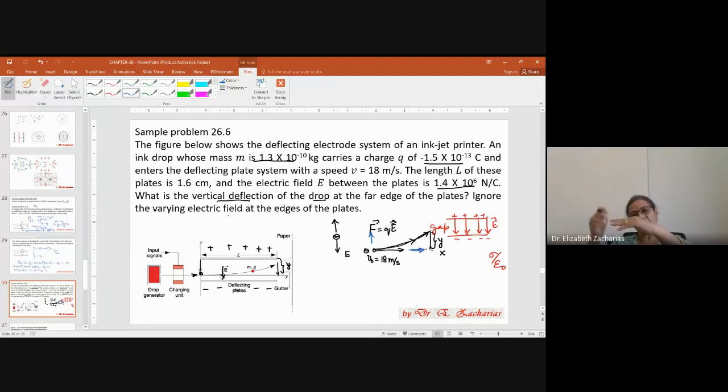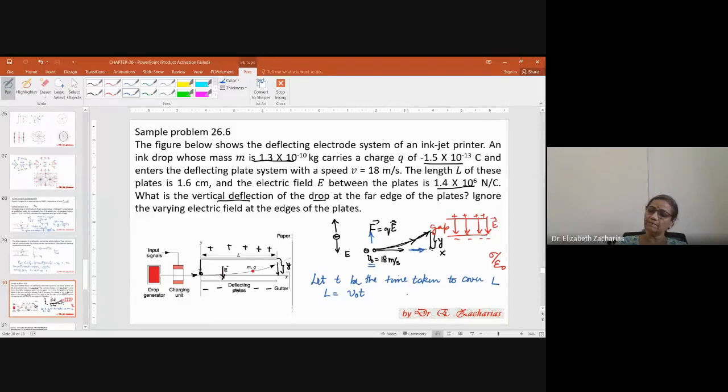But then there is an upward force, therefore it is going like this. If I take just the x component of the velocity, it will not change. It will be V naught only. And let t be the time taken to cover the distance L. Then we can say that L will be equal to V naught into t.